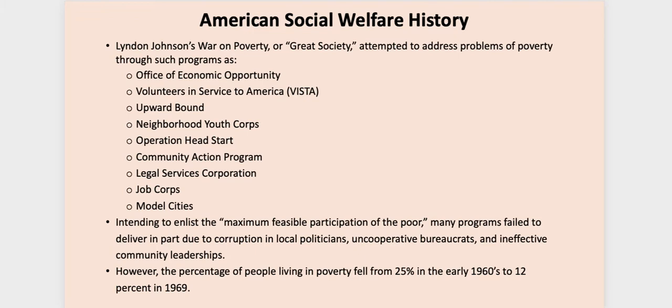Now, you see, there were a lot of attempts to alleviate poverty through Johnson's War on Poverty or the Great Society. And there's a number of agencies listed there. You'll notice mostly education and employment oriented. So again, we're really looking at putting people to work as a solution to poverty in an economy that requires 1 in 5 people or 1 in 20 people to be out of work when they want to work.